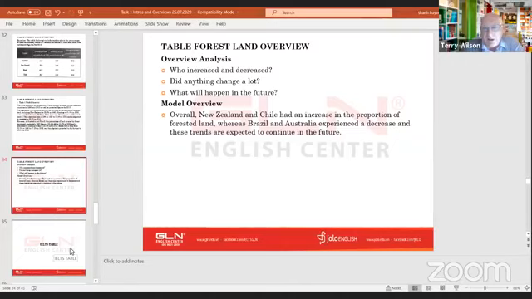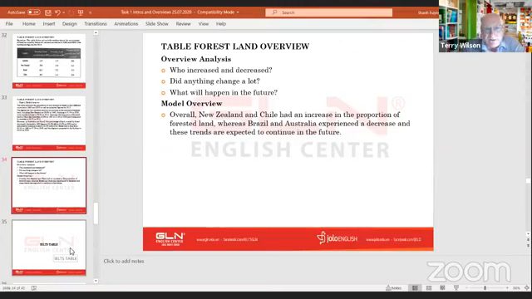That needs to go as an added trend in the overview. If you don't include that in the overview, then the examiner would say this is not a complete overview, and it would mean that your band score could not go higher than a band 6.